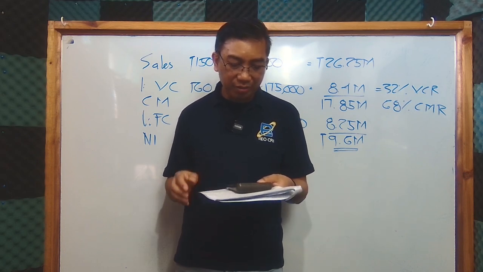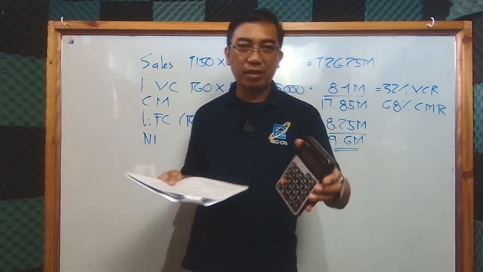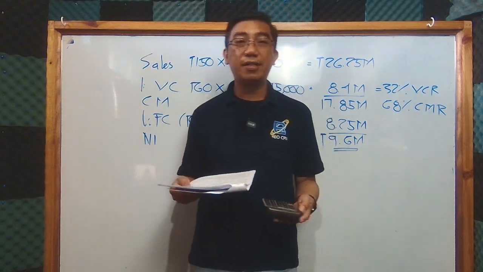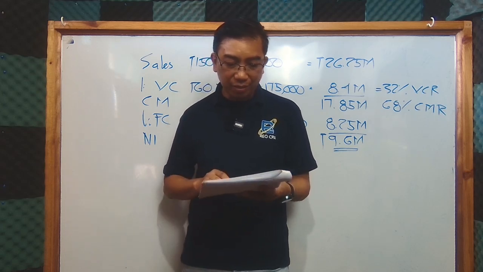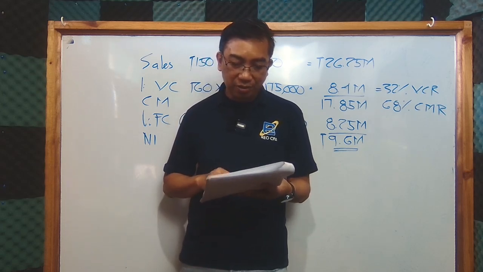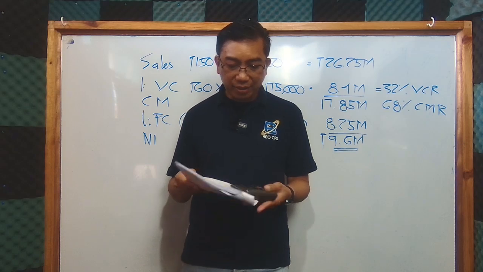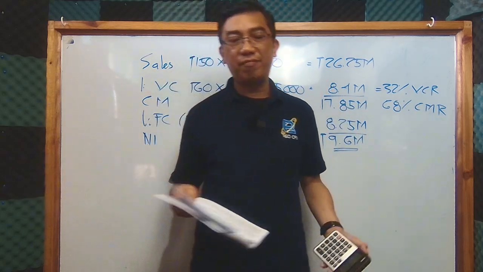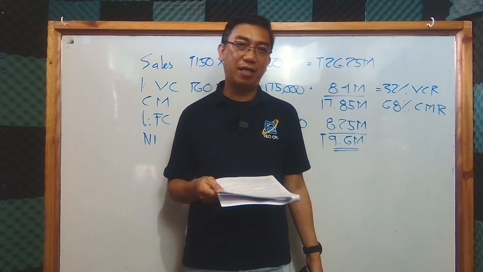Times 40,000, class, magkano na yun? That's 160,000. Ang tawag natin sa 160,000 na yan, you call it as total contribution margin, minus our fixed cost. Ang fixed cost niya binigay din sa atin at 48,000. So, ang nakalagay sa calculator natin ngayon is 112,000. Okay, class, 112. If you look at the choices, that is already letter D. Di ba? Letter D na.